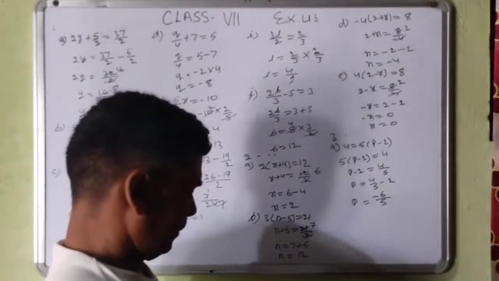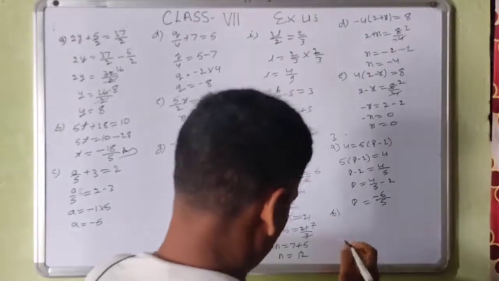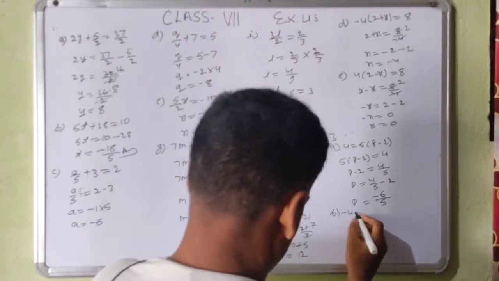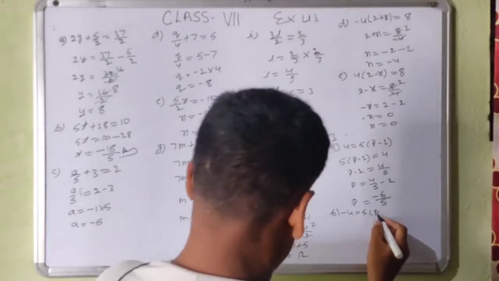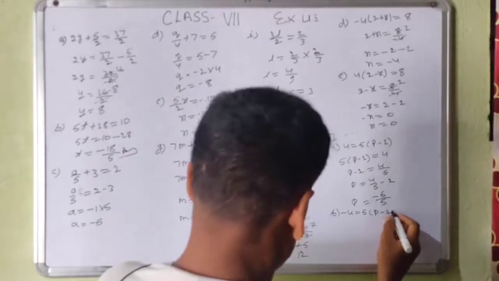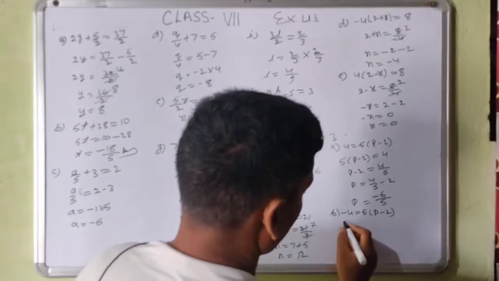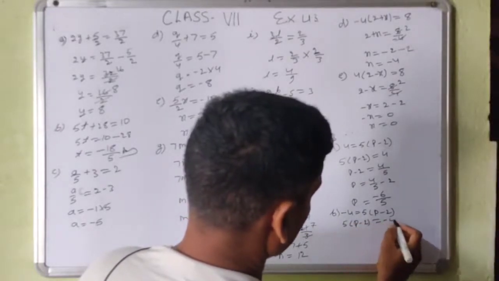B part, also we will do. Minus 4 is equal to 5 bracket p minus 2. So 5 p minus 2 is equal to minus 4.